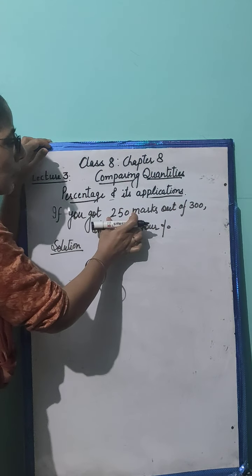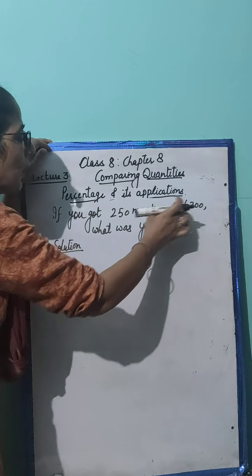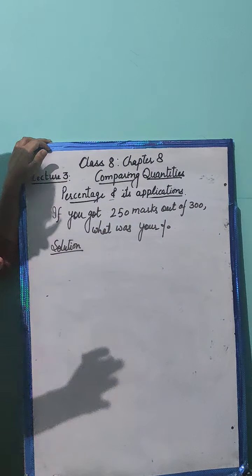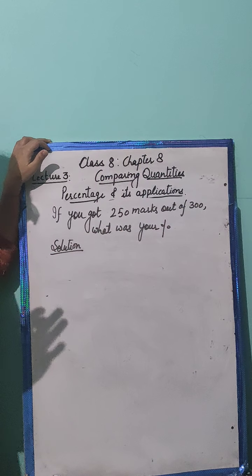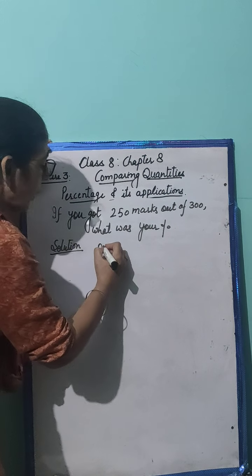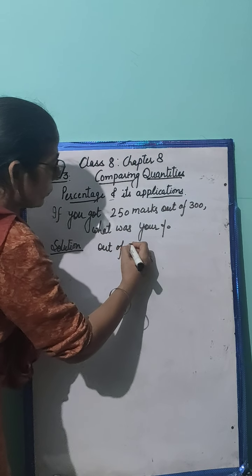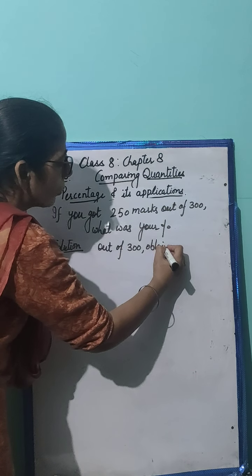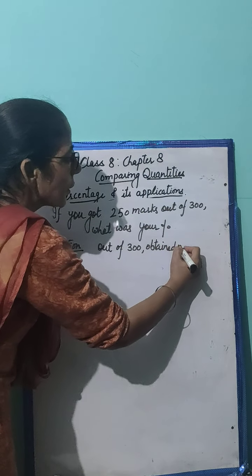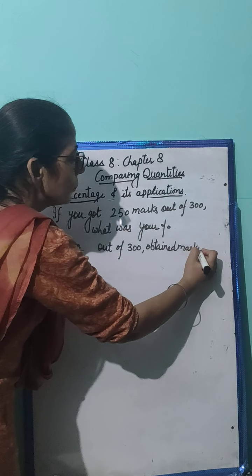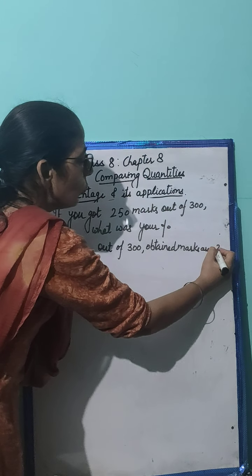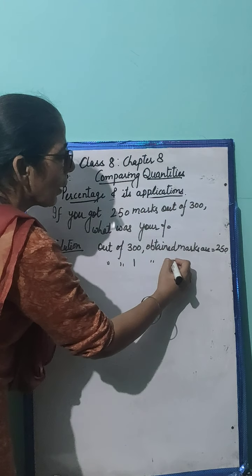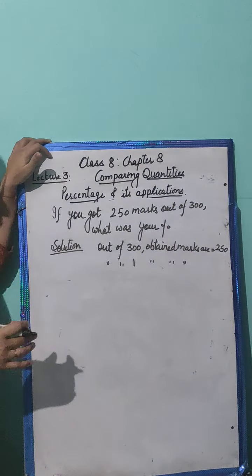Whatever are your obtained marks out of total, we have to change it into percent. Two methods are there. Out of 300, obtained marks are 250. Out of 1, obtained marks are, this is called the unitary method.